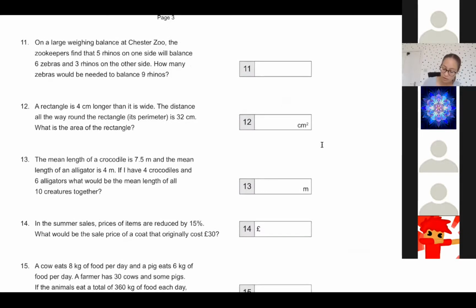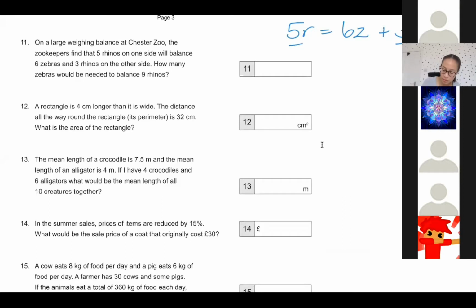Okay, so 5r equals 6z plus 3r. Now the 3 rhinos on each side will cancel each other out. If you imagined a weighing scale, it would be a very big one, but if you imagined it, then if you've got 3 rhinos on each side, those cancel each other out.